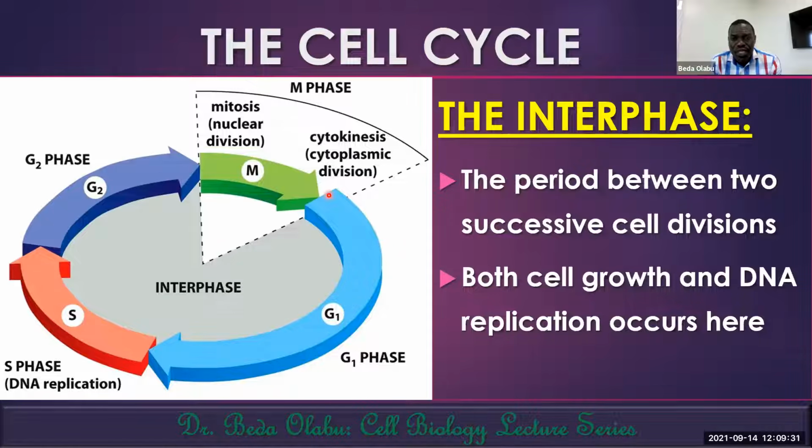So a cell that is intending to divide, this cell we are starting with that has 200 DNAs, for it to make sure that the daughter cells will also have the same amount of genetic material that it has, the cell that is intending to divide must replicate its genetic material.